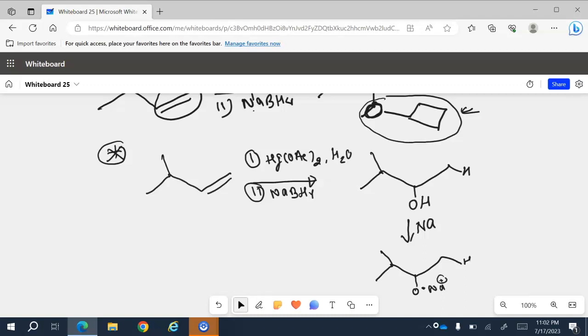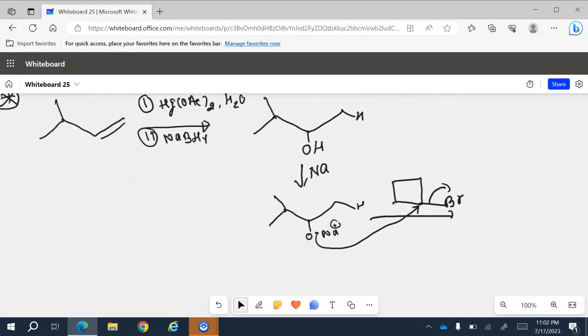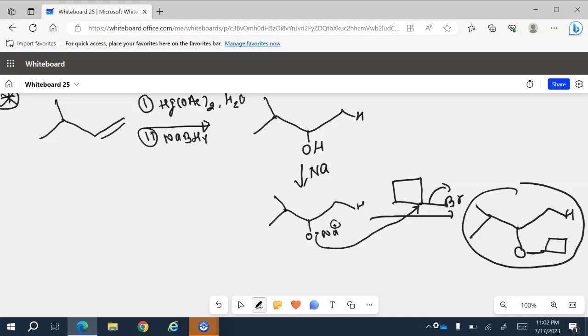Now we have to add the four-membered ring here, so we use it with some kind of leaving group, say bromine. Then we can easily do the SN2 reaction that will result in the formation of the desired ether, where the four-membered ring is connected. This is how you prepare your ether.